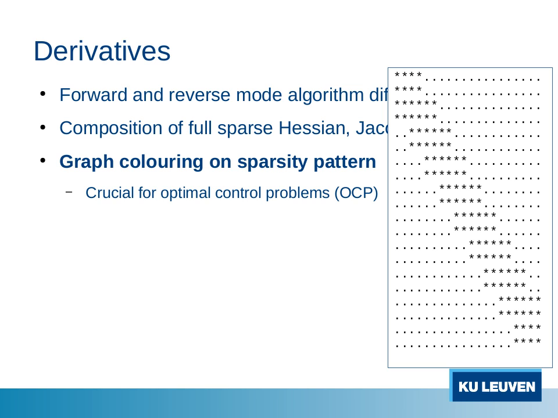If you know the sparsity pattern in advance, you can group some things together and need fewer AD sensitivity sweeps to compute the whole thing. This is done with graph coloring. In the domain of optimal control problems, block structure is all over the place, so it's quite critical to have this for optimal control applications.